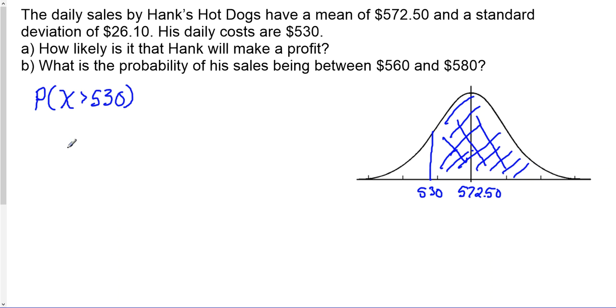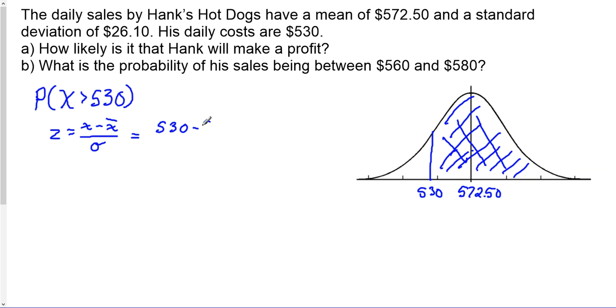So as we did before with the normal distribution, we're going to start by calculating the z-score for the value that we're interested in. So how do we calculate z-scores? Well, we take our x value, we subtract the mean value, and we divide by the standard deviation. The value we're interested in here is our 530.